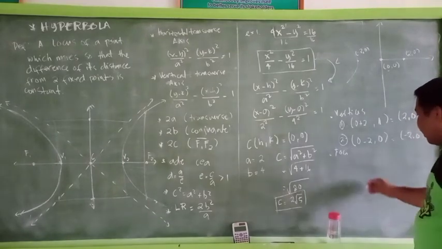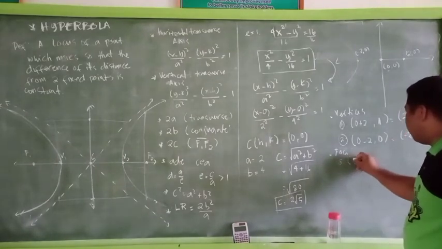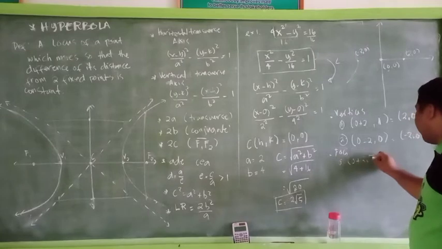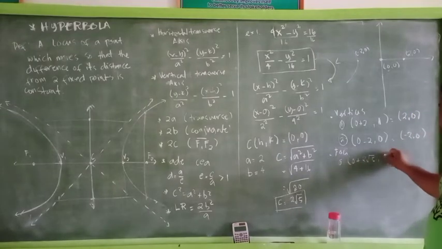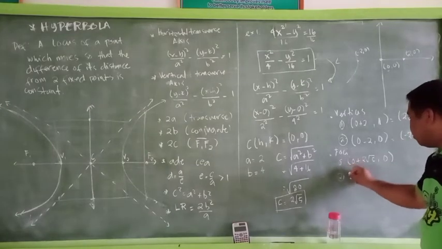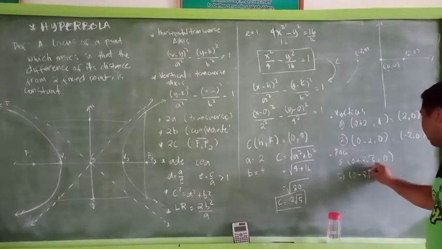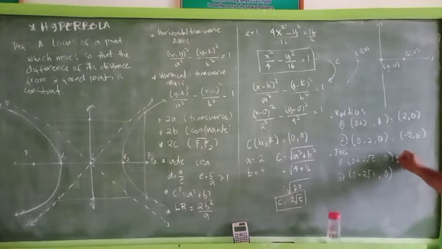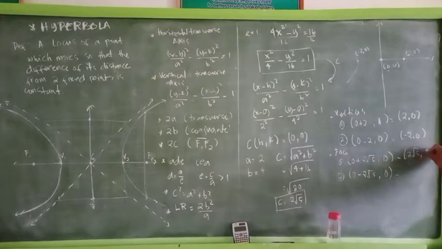So, again, mag-a-add tayo ng 2 square root of 5 sa x natin. Yung y natin, 0 pa din. So number 2, so we have 0 minus 2 square root of 5. Tapos 0. So yung coordinate ng foci natin, meron tayong 2 square root of 5, tapos 0, and then negative 2 square root of 5, tapos 0.